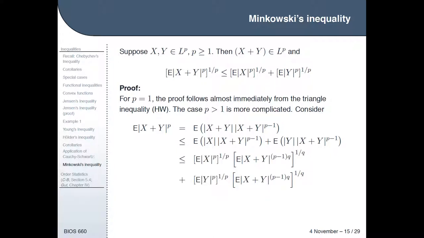And then you apply Hölder's inequality twice, first to the first piece and then to the second piece, and you end up with that expression there, which is what we were trying to prove.